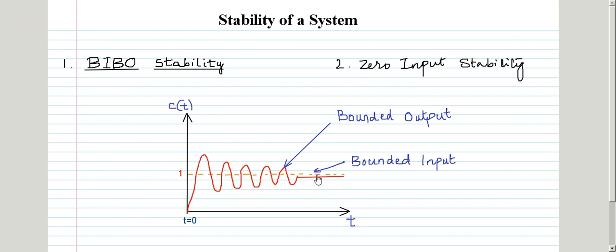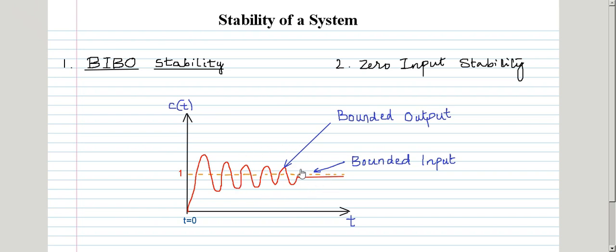We can say with the help of this figure that during the initial part of the input, the output response is transient in nature, and at a particular time t, the output settles down and attains a steady value, the steady state. Then the output is also said to be bounded.